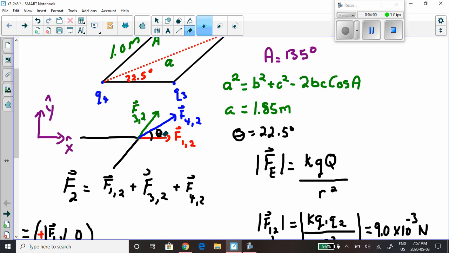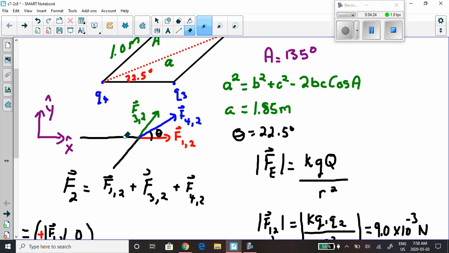And we have to recognize that in here there is 22 and a half degrees between the red vector and the blue vector. Between the x direction and the blue vector, that's 22 and a half degrees. And between the x direction and the green vector, that's 45 degrees.